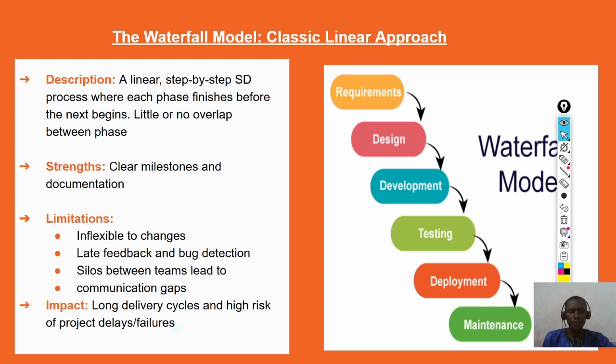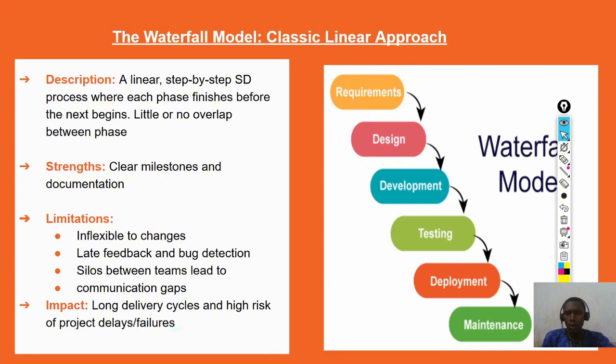So the waterfall model is a project management methodology that is used in managing software processes. It is a linear, step-by-step software development process where each phase finishes before the next phase begins.